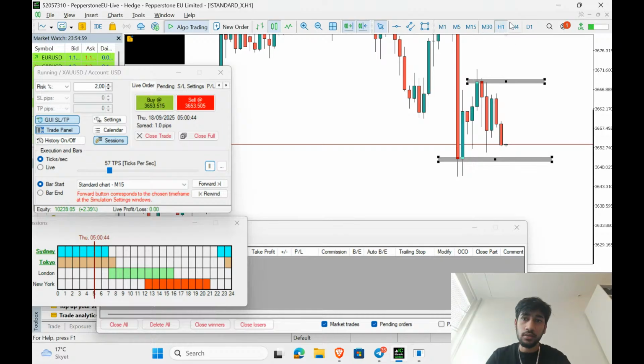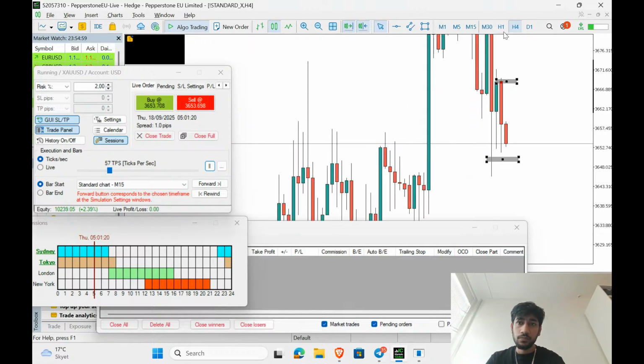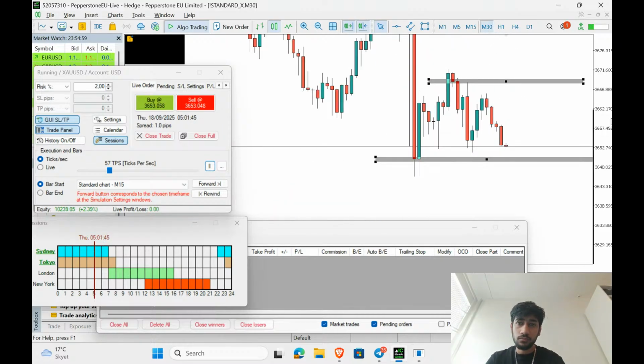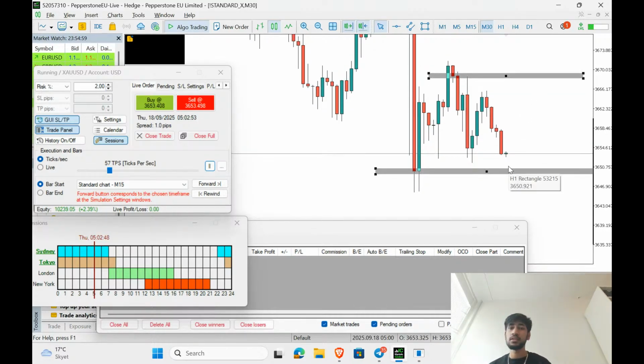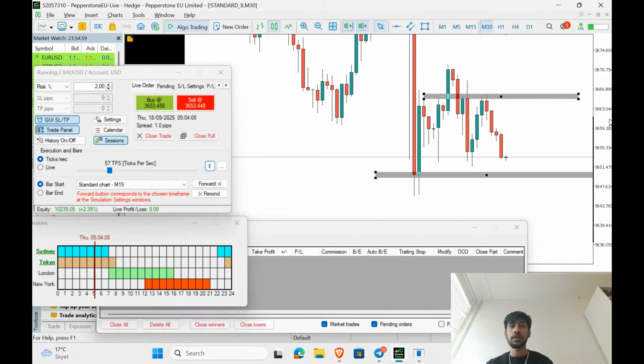If we can get a candle to close below this, we can sell. If we can get a candle to close above this, we can buy. Other than that, we're just ranging.